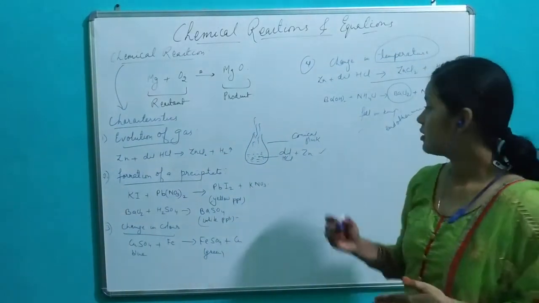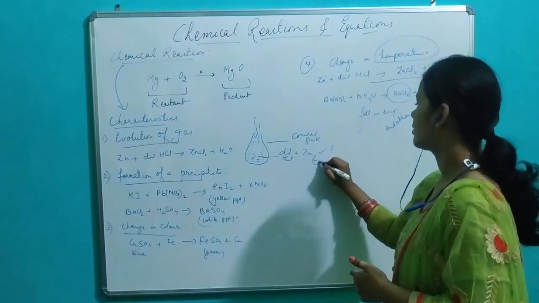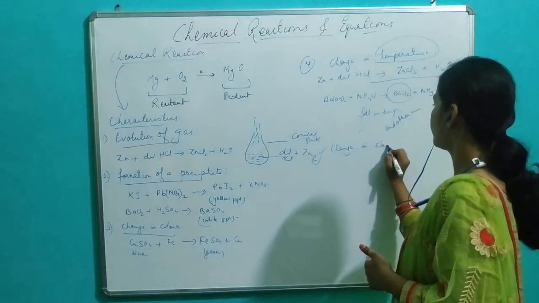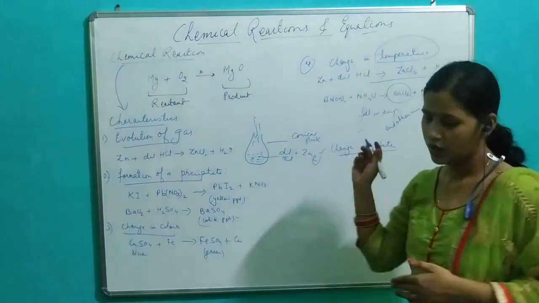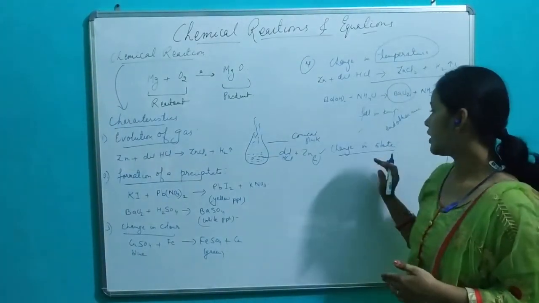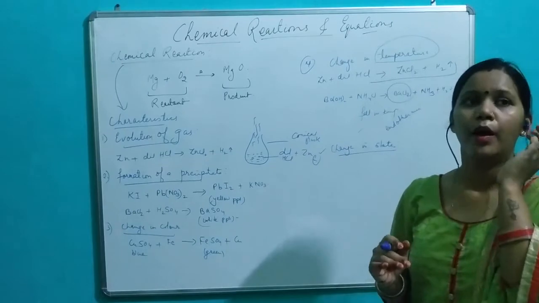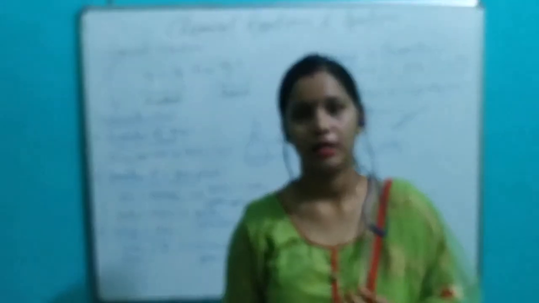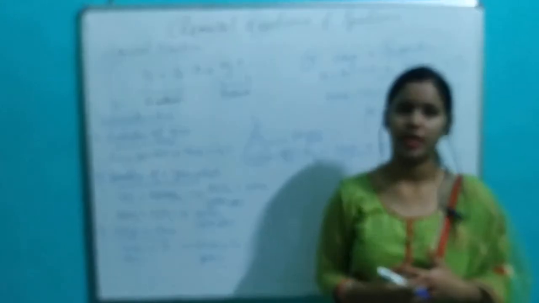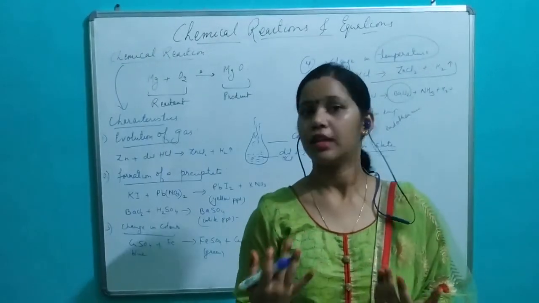Last is the change in state. Some examples of change in state are the burning of a candle. We know that melting of wax is a physical change and burning of wax is a chemical change.